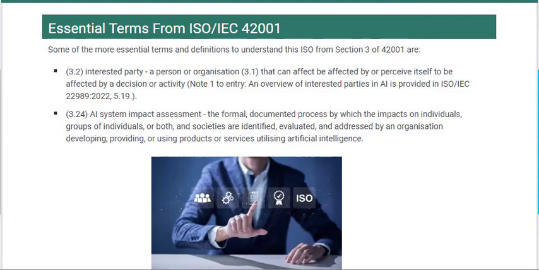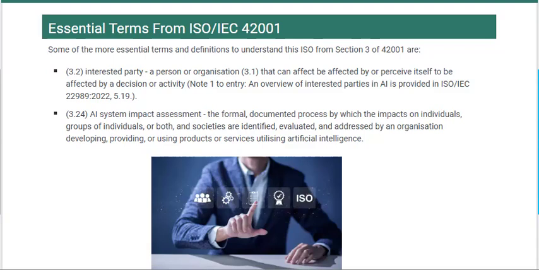Essential terms from ISO/IEC 42001. Some of the more essential terms and definitions to understand this ISO from Section 3 of 42001 are: 3.2, interested party, a person or organization that can be affected by or perceive itself to be affected by a decision or activity.